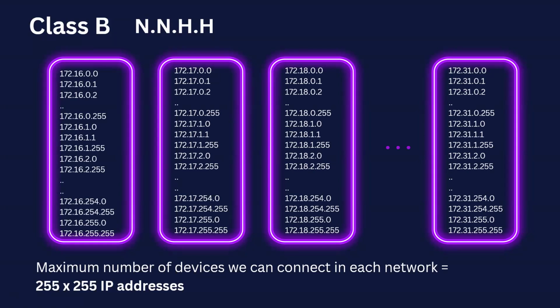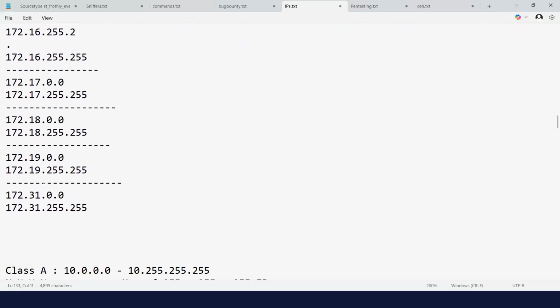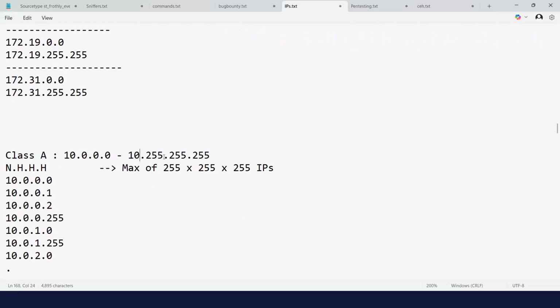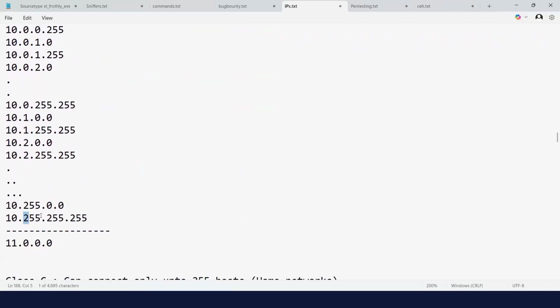And finally, in class A, we have one network portion and three host portions. Class A network starts at 10.0.0.0 and it goes up to 10.255.255.255. So all the IPs from 10.0.0.0 to 10.255.255.255 belong in one single network itself. When 10 changes to 11, the network divides over there.